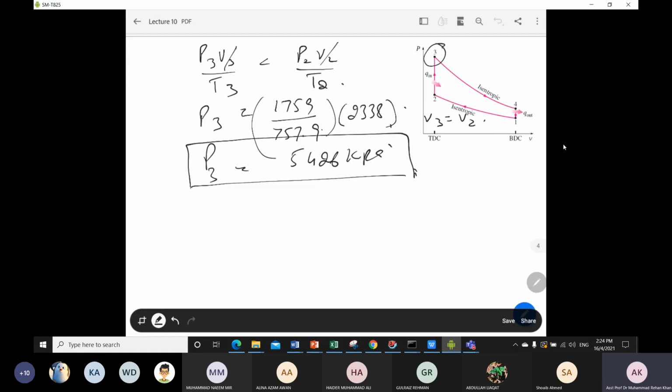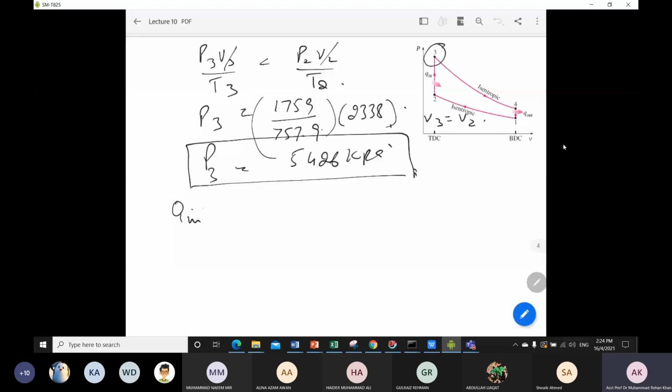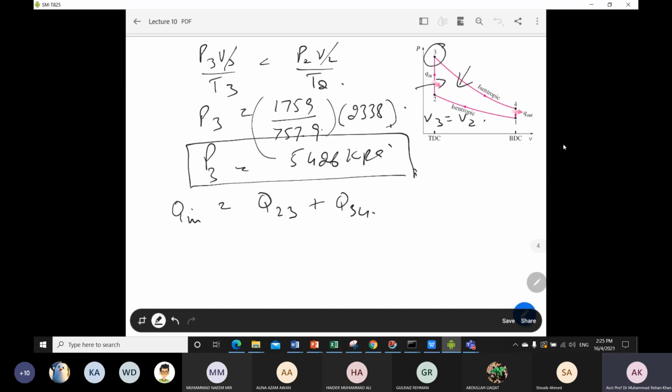Now coming towards the Q in, because in your part B you have to find the total heat transfer. So Q in is equal to Q23 plus Q34. This is the addition of these two heat transfers.